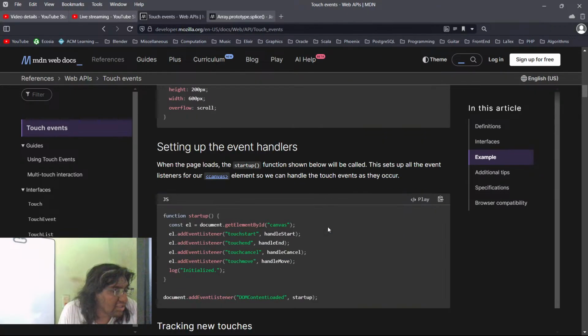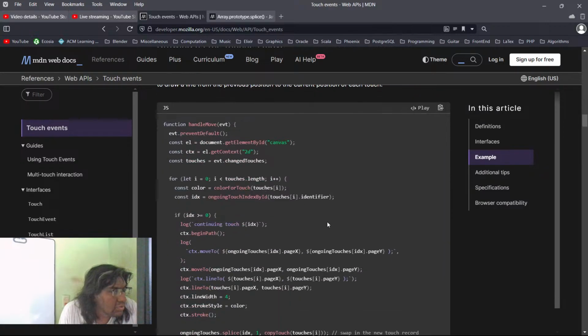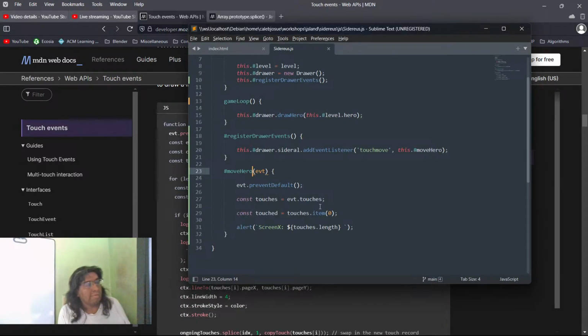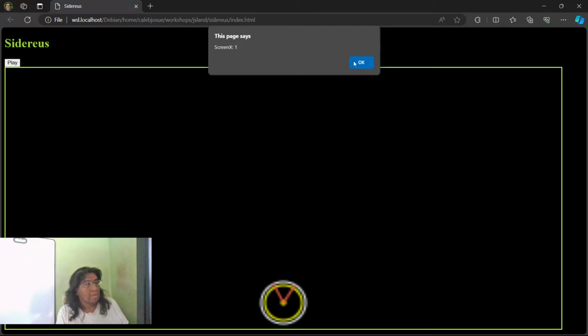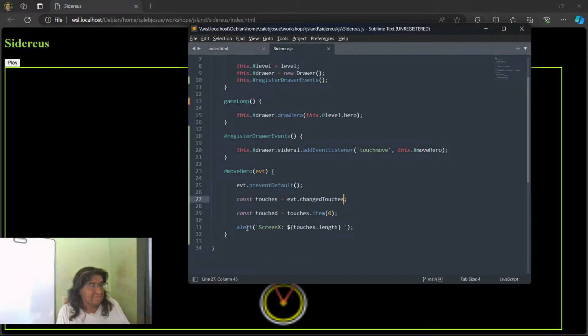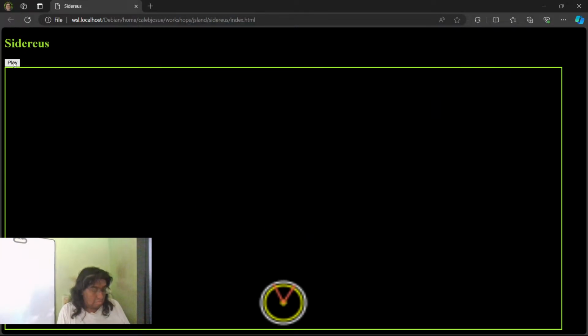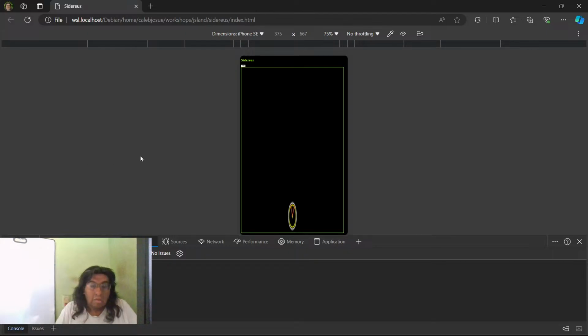Let's switch to change those. Still, let's use a console. Look at the number of events.